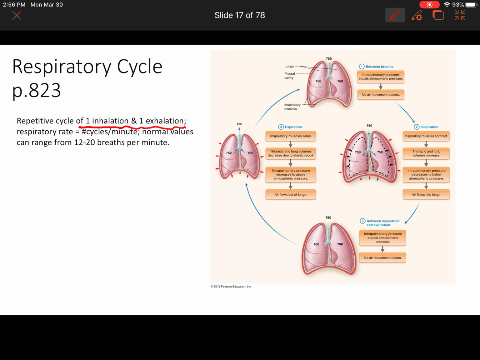And the number of times that happens per minute is referred to as the respiratory rate. The respiratory rate can vary depending on if you're old, young, male, female, your state of health. So that varies somewhat, but a resting respiratory rate is somewhere between about 12 to 20 breaths per minute.